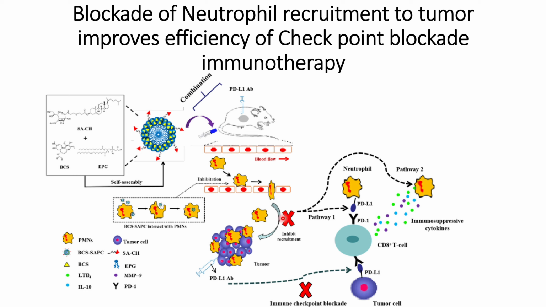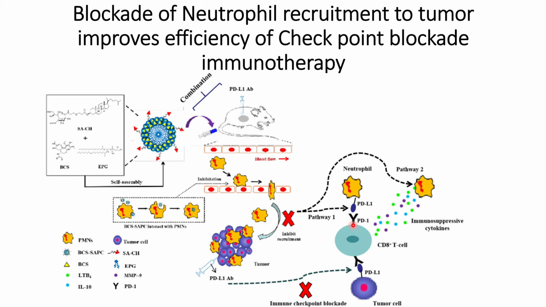Because of this, what will happen is that these neutrophils have PD-L1 receptors. They will interact with the PD-L1 ligand present on the T cells, and thereby inhibit the function of activated T cells.